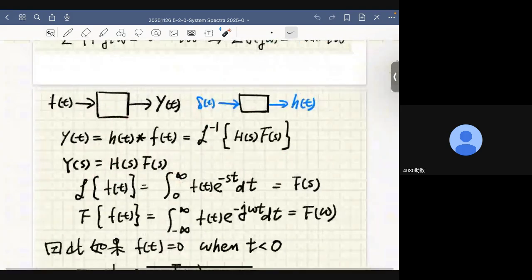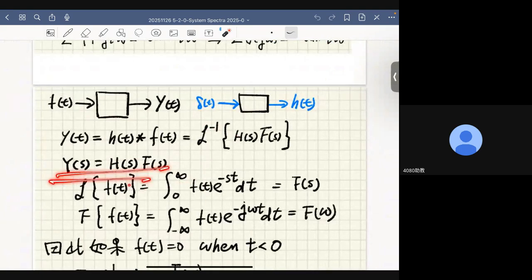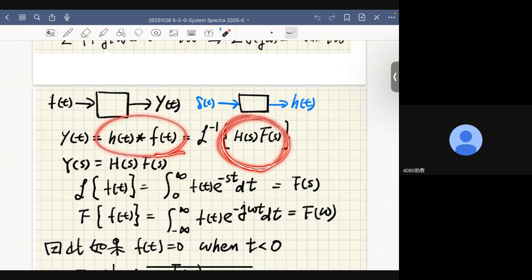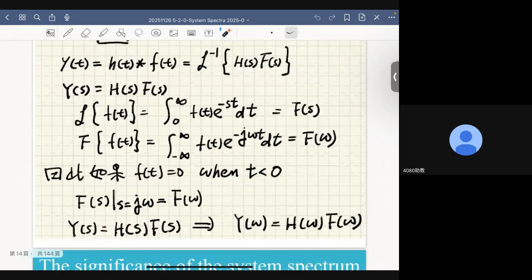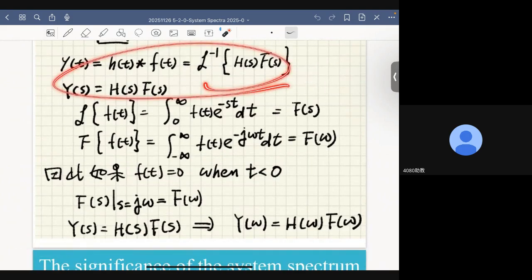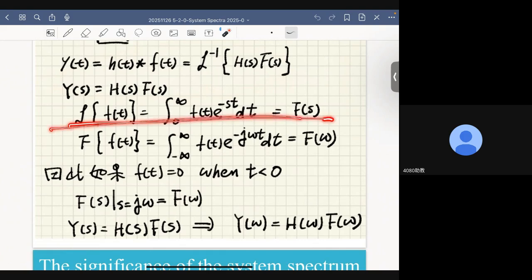Now, by taking the inverse Laplace transform of H(s) and of F(s), I have this. So if I have a multiplication in the s domain, what I have in the time domain is convolution, and vice versa. Now, these results are given in the s domain, and the s domain originates from the Laplace transform.